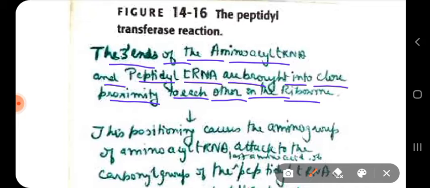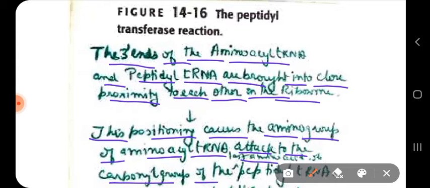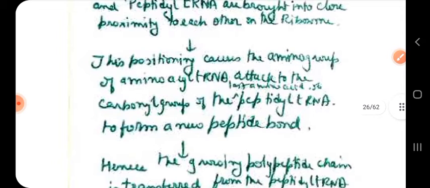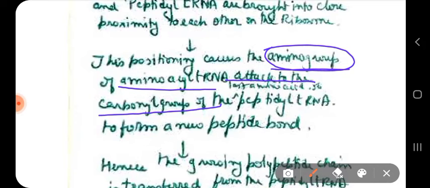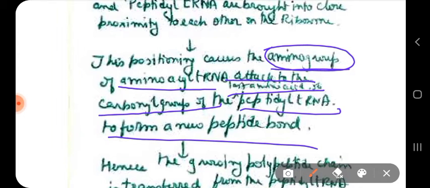This positioning causes the amino group of the aminoacyl tRNA to attack the carbonyl group of the last amino acid of the peptidyl tRNA. Again I repeat, when the 3' ends are placed very close to each other, it causes the amino group, the NH2 group, of the aminoacyl tRNA to attack the carbonyl group of the last amino acid of the peptidyl tRNA to form a new peptide bond.